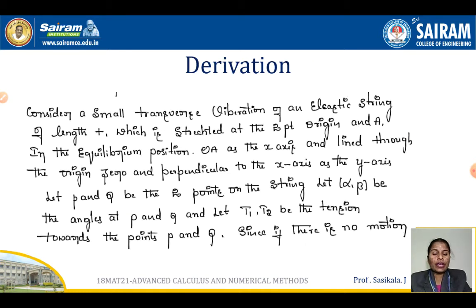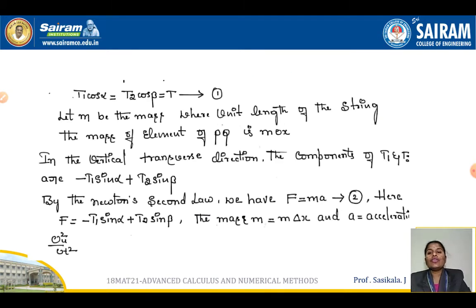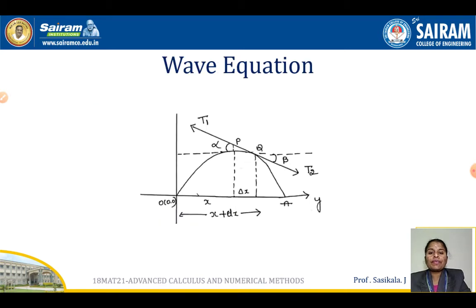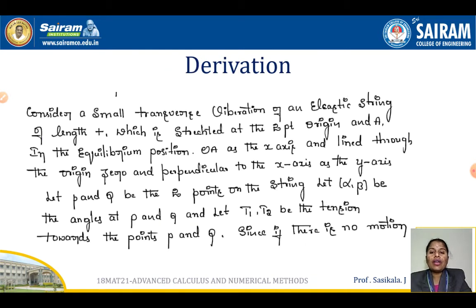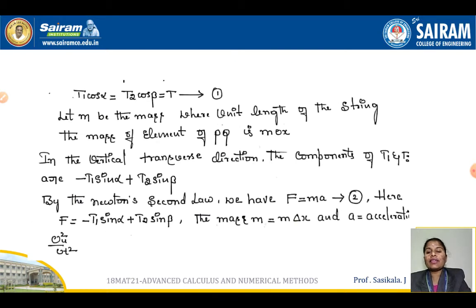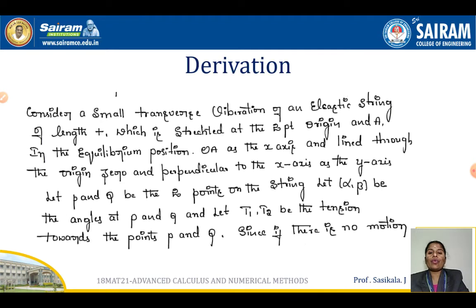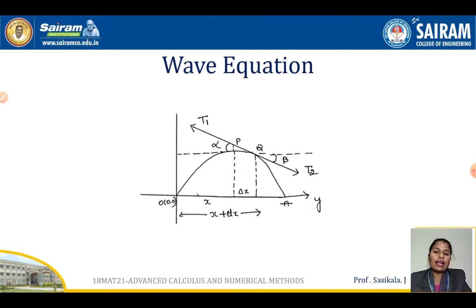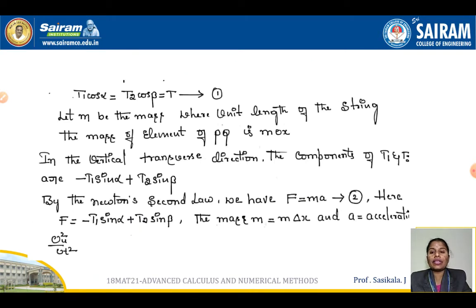Since there is no motion in the horizontal direction, only vertical, we get T1 cos alpha equal to T2 cos beta, which is equal to a common tension T. So T1 cos alpha equals T2 cos beta equals T. I mark this as equation number 1.